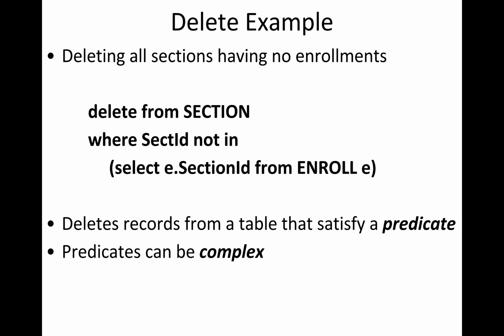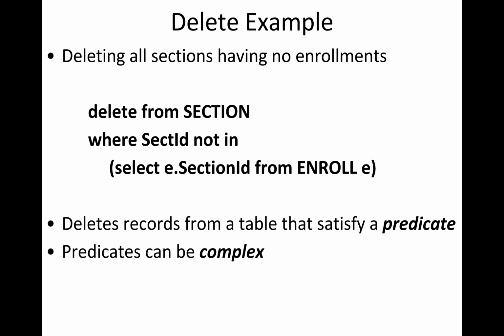So here we are looking up to see if there are any sections that don't have any enrollments. Right, so we're looking for a select statement that retrieves all the section IDs from an enrollment table.